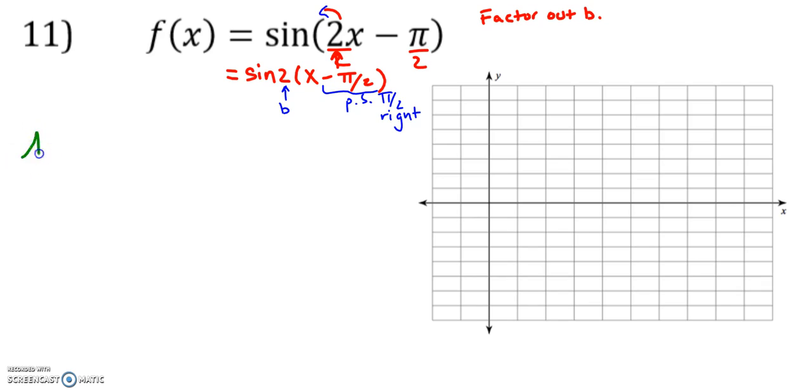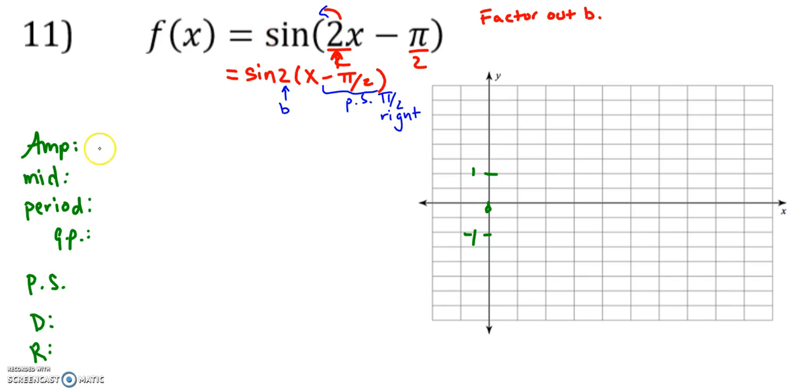So let's go through and do everything. We have the amplitude, the midline, the period, the quarter period, which will help me figure out what all of my things need to be on my graph. And then we're going to do our phase shift as well, domain, and then the range.